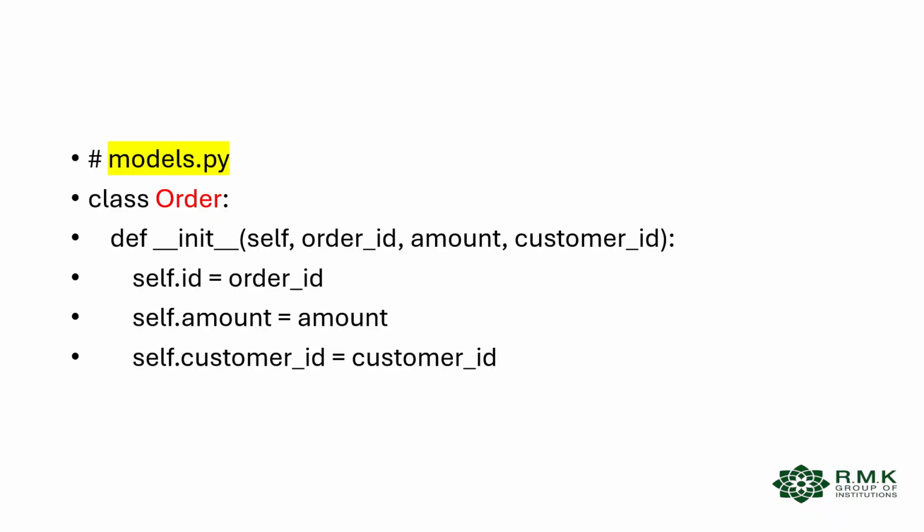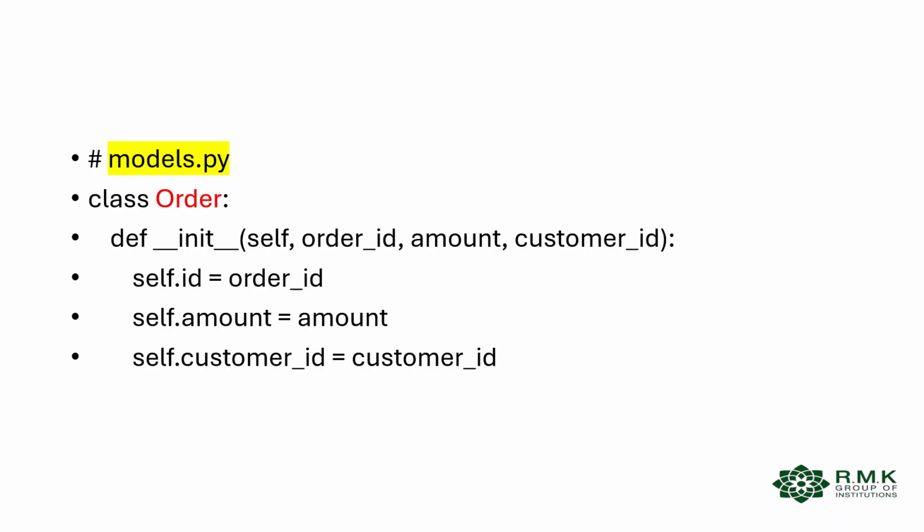First of all, we need to check out models.py. First I created a class, the Order class, and under the Order class I created a method, the def __init__ initialization. Here def is a keyword, init is the method name, and the passing variables are self, order ID, amount, and customer ID.